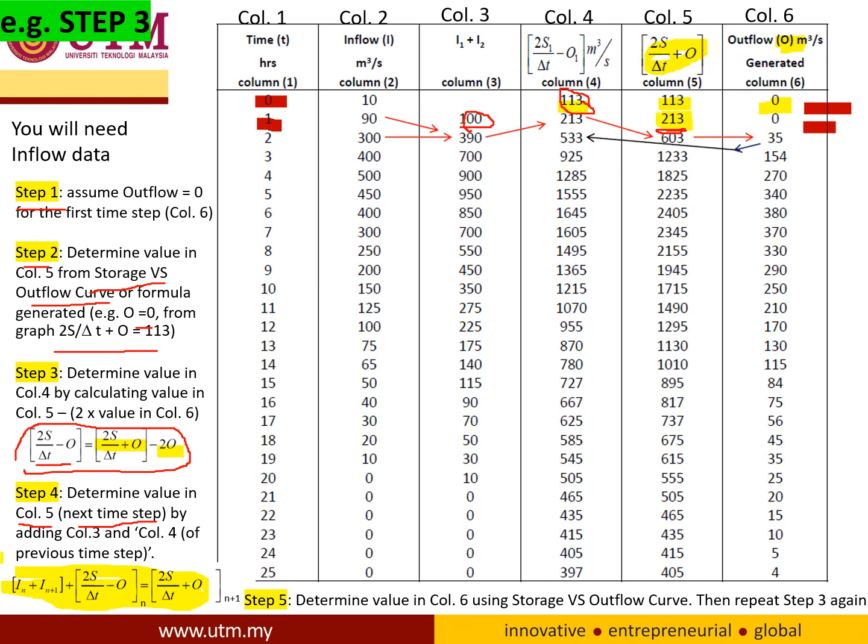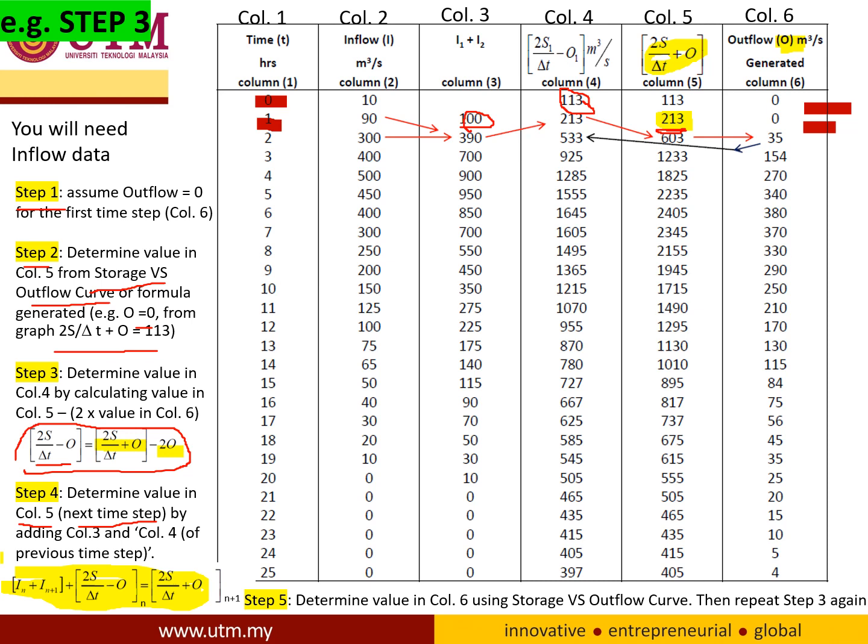I will erase some things to make it more clear. So for the next time step, we start with column 5. So how do we calculate this 213 here?